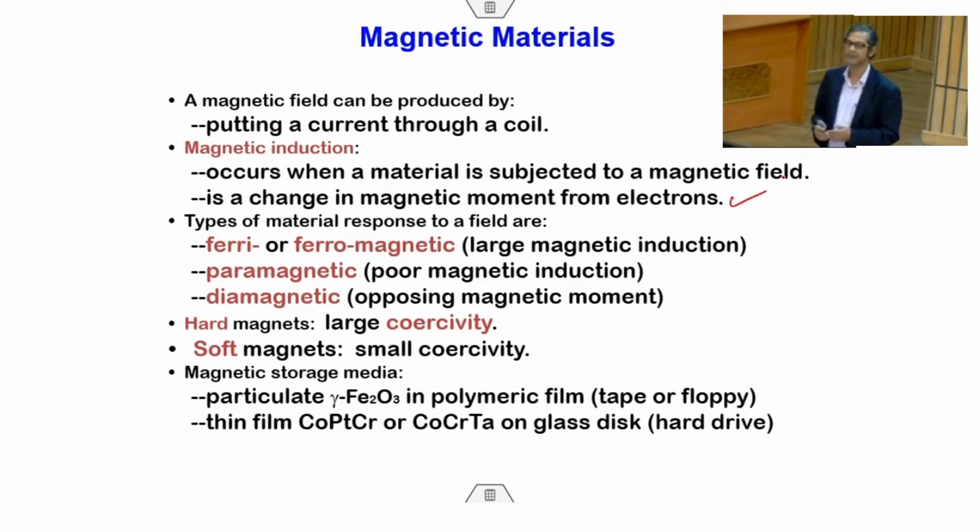That is what happens. So, depending on that, all the materials in the world can be divided into several categories of magnetic materials. Like you can have diamagnetic materials, which oppose the magnetic moments. In fact, all materials in the world inherently show some diamagnetic properties.